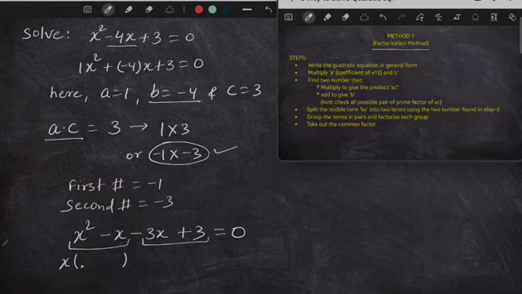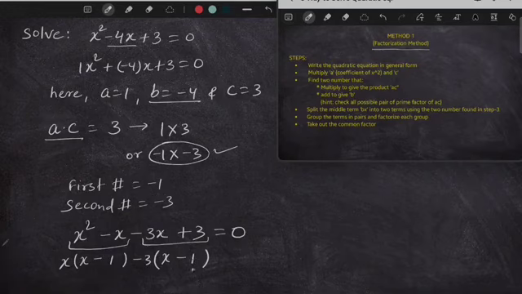So x squared divided by x is x, minus x divided by x is 1. Now the second group: factor out the negative 3. So negative 3 divided by the first term is positive x and negative 3 divided by plus 3 is negative 1, equal to 0. Now the last step is to take out the common factor.